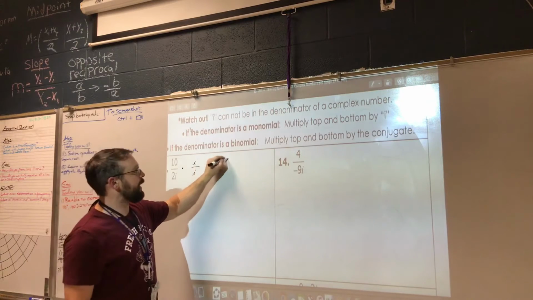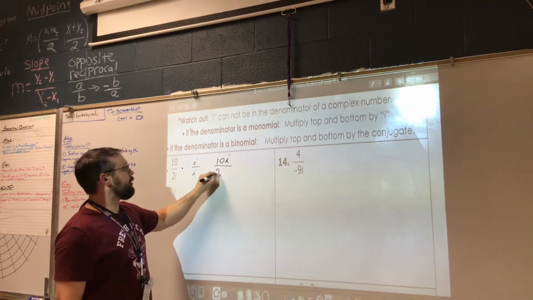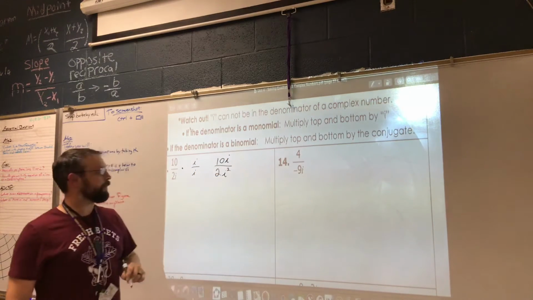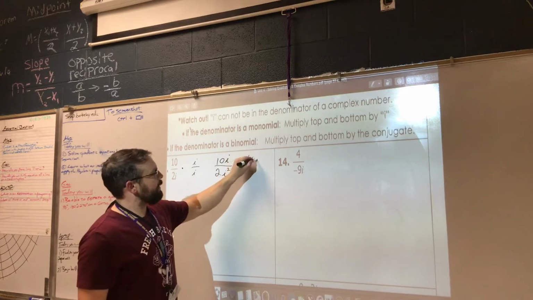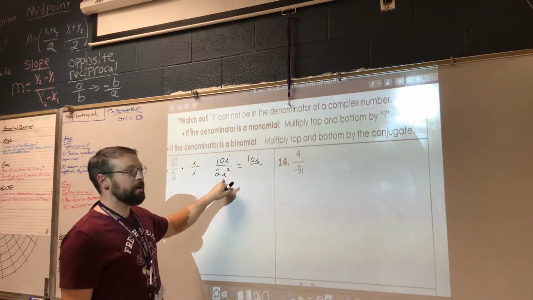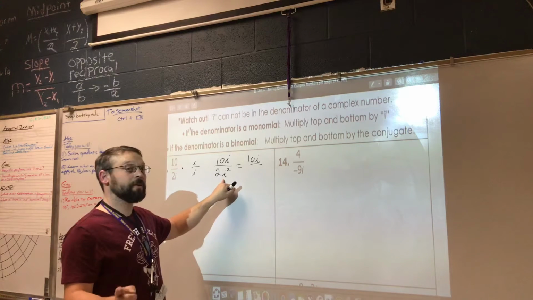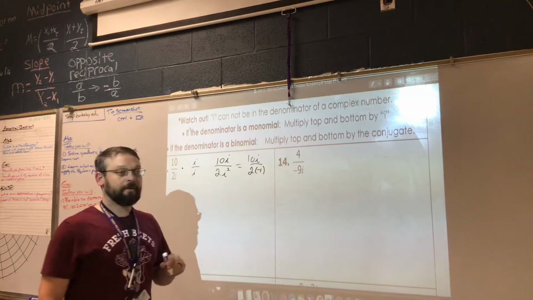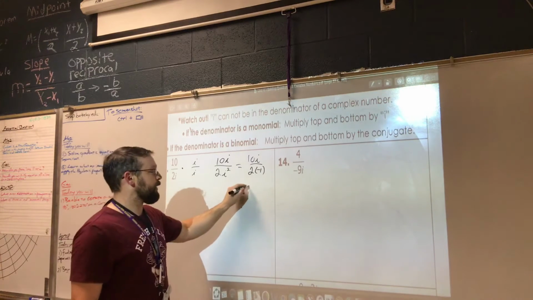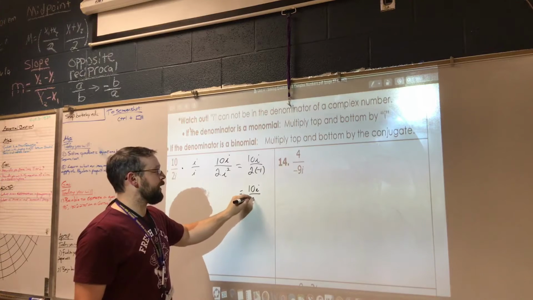That would give me 10i over 2i squared. Okay, 10i. Now there's 2i squared, but we have to remember i squared is really negative 1. So it's 2 times a negative 1, which is going to give me 10i over negative 2.